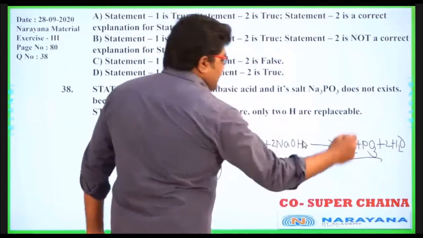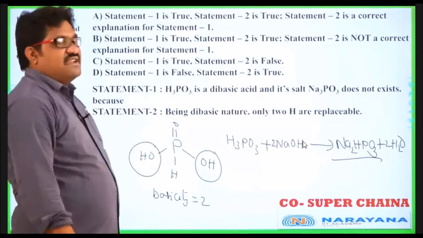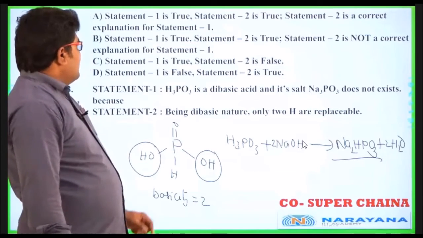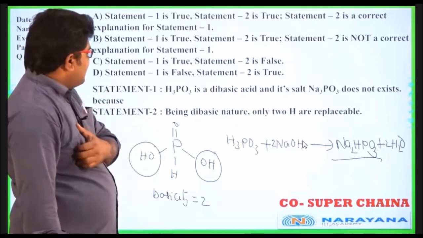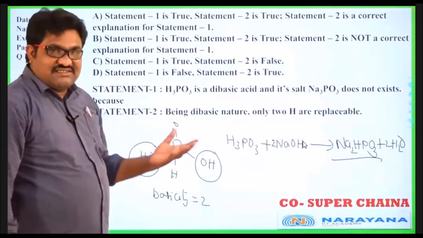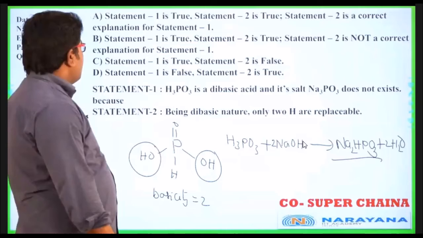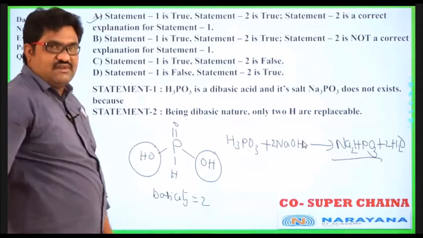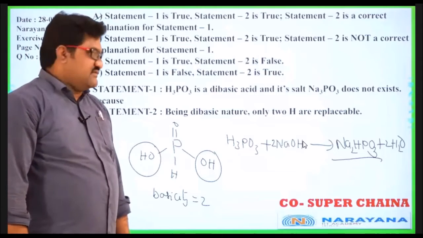This is the salt that can be formed by H3PO3, but not Na3. So here statement 1 is correct and statement 2 is a correct explanation of that one. So I go for option A. Okay, very good. Let us go for the next one.